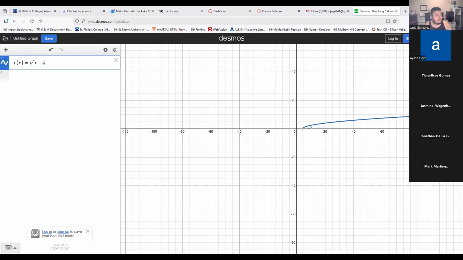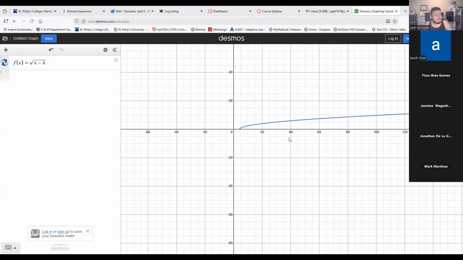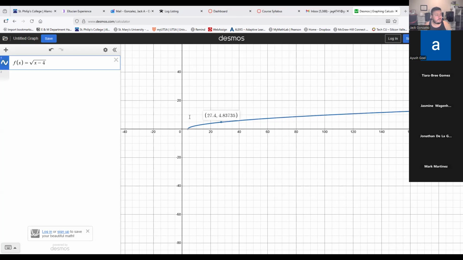Okay, so here the lowest x value is 4, and you can tell it goes on forever, right? So the domain 4 to infinity makes sense. But we put the bracket on 4 because we actually start right on 4.